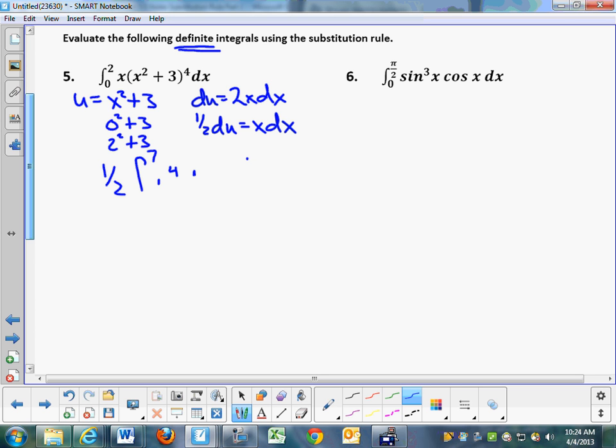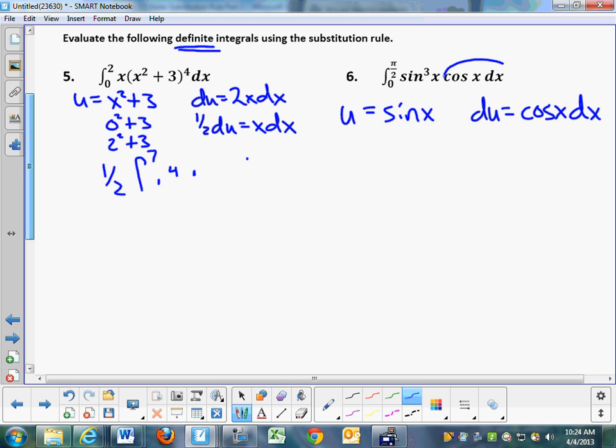Okay, so here we have pi over 2 and 0, sine cubed of x, cosine of x. This is very good. u equals sine of x. So du is equal to positive cosine of x dx. Do I have a cosine of x dx up there?